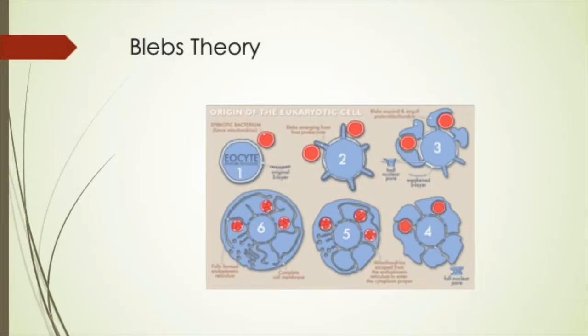So there's another theory, it's called Bleb's theory, where basically there was a eukaryotic cell that had what's called blebs, little arms that may have stuck out at some point. And they may have just grabbed these prokaryotic cells, and over time they just kind of intertwined and they just kind of overtook these prokaryotic cells.